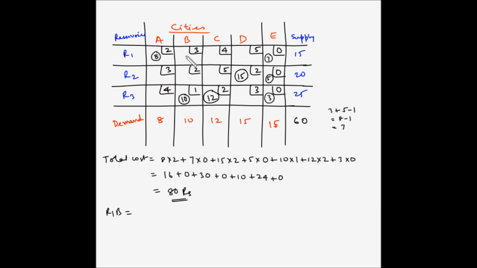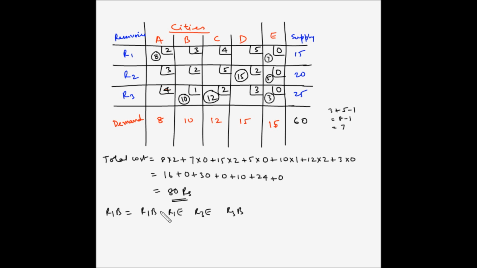So the closed loop can be R1B to R1E to R3E to R3B and then back to R1B. So R1B to R1E to R3E to R3B.